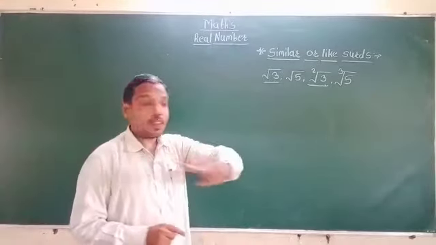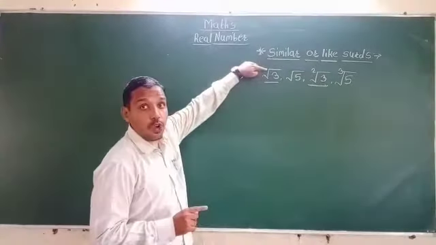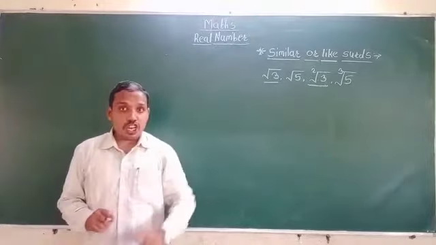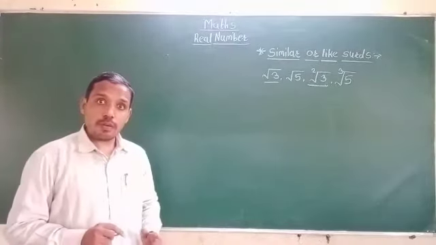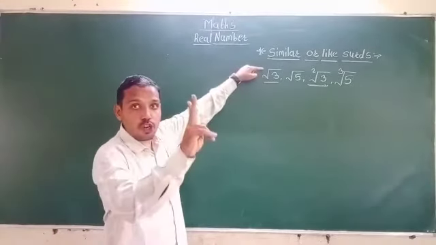Think about it: the 2 is here right now, and here there is no figure, but according to the definition of surds, the order of the surd is greater than 1, that means 2.